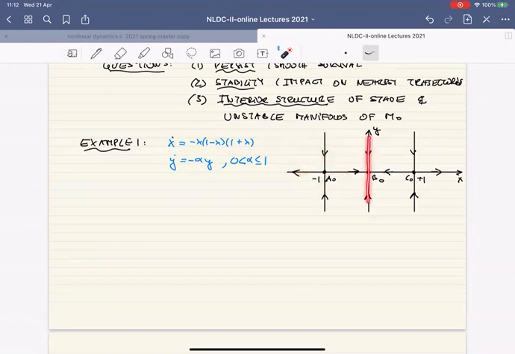And this is a node because it has 2 invariant subspaces. These would be the eigenvectors if I had done a detailed linearization here. And this is how you come in, therefore. The exact shape of how you come in will depend on the ratio of minus alpha, which governs your decay here, and minus 1, which governs your decay here.